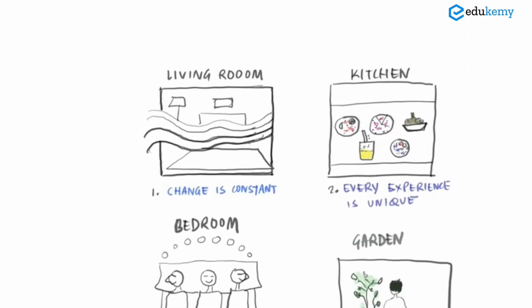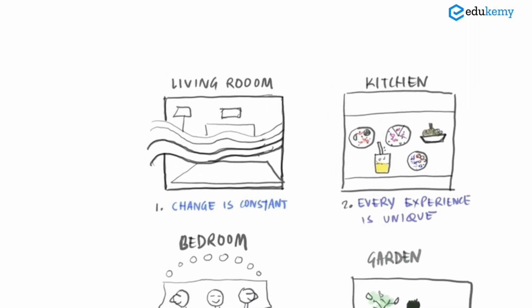So for example, let's assign change is constant to a living room, right? So imagine the water, a river flowing through your living room. What a fantastic visualization, right? So you can think, oh, your river is flowing through your living room and telling you that change is constant, right?